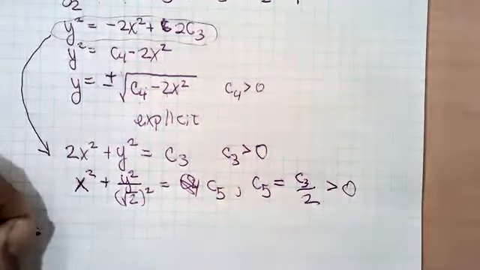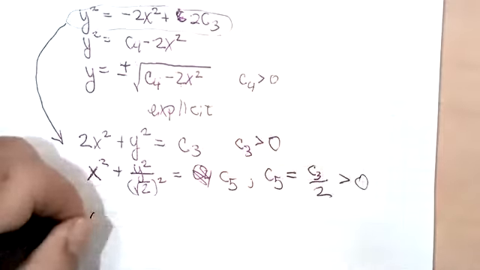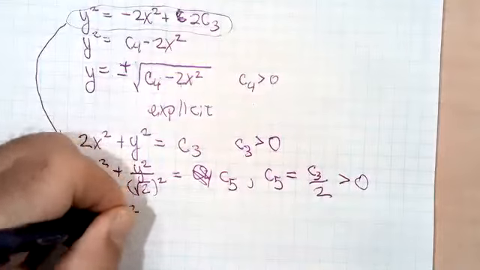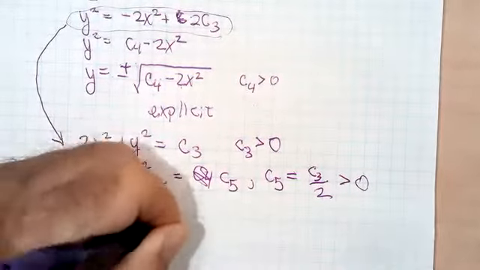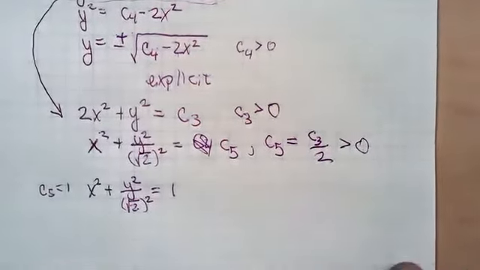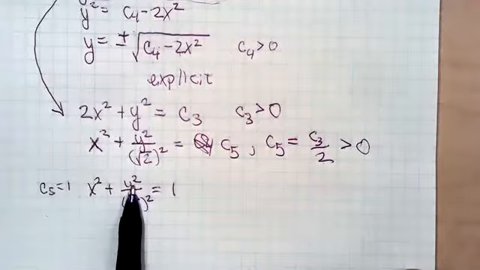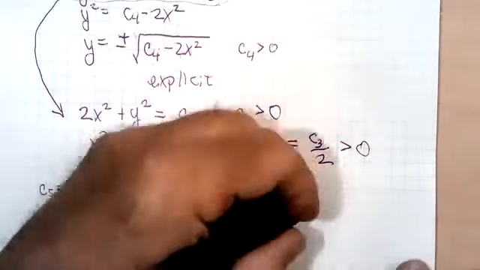What if C5 were equal to 1? So I'm not trying to list all solutions. I just want to get a look at one of them. That gives me x squared plus y squared over root 2 squared equals 1. And the graph of that is an ellipse. If you set y equal to 0, then x would be equal to plus or minus 1.